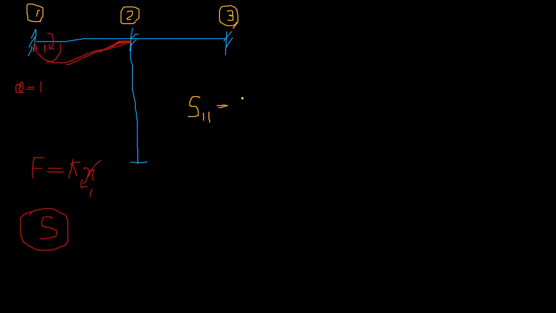So that's going to be, we saw earlier, 4 EI over L. That's clockwise, right? This is also clockwise. And then S21. That's going to be 2 EI over L.